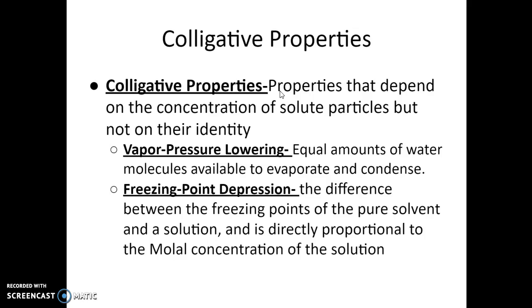Colligative properties are properties that depend on the concentration of solute particles, but not on their identity. The technical definition says it cares about how or where you are, but doesn't care about how it got there or why it's there.